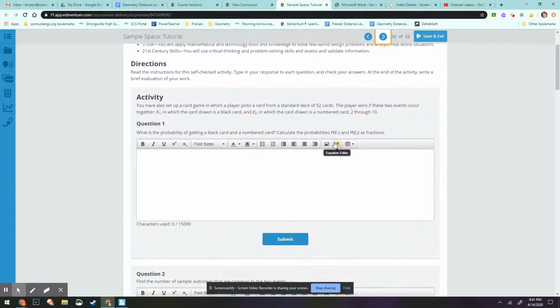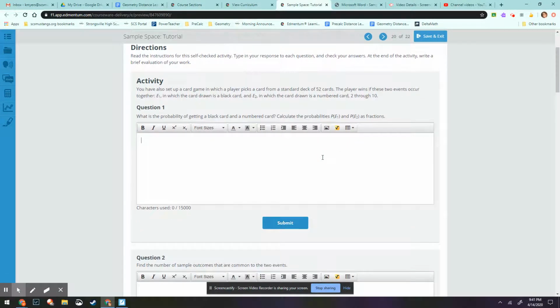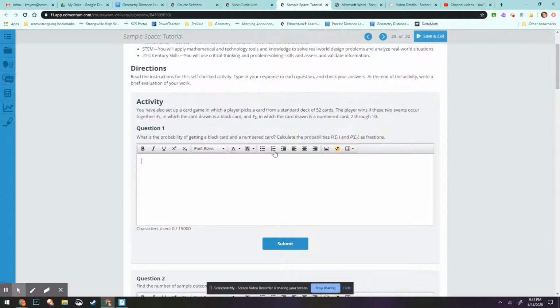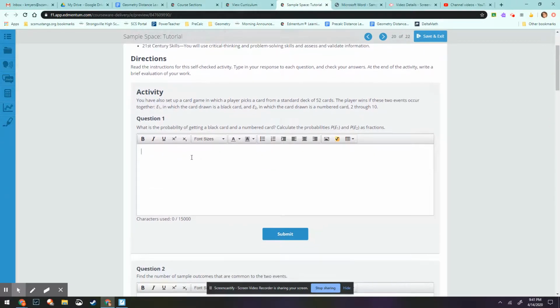Non-exclusive events. Let's keep doing a couple more of these. Here we have a standard deck of cards. We are going to find the probability of getting a black and a numbered card. First of all, for a black card, remember that black suits are the clubs and the spades. So 2 of the suits are black, 2 of them are red.